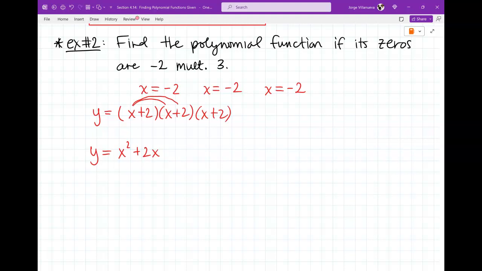And then I'm going to do the bottom loop here, 2 times x, 2 times 2. So 2 times x, that's 2x. And 2 times 2, that's 4. And I still have the x plus 2 hanging out at the end. I'm going to simplify that middle term. 2x plus 2x, that's 4x.